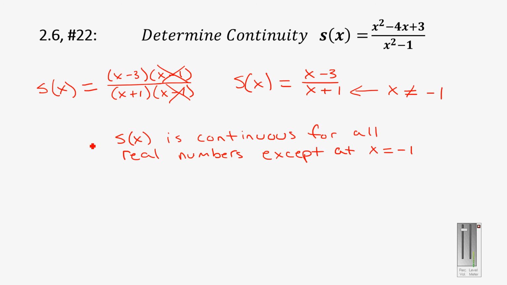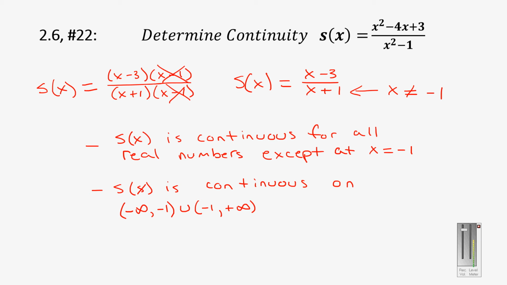That's one way of writing it, or you might write s of x is continuous on the interval negative infinity to negative 1, not including it, so no square bracket, in union with negative 1 to positive infinity.